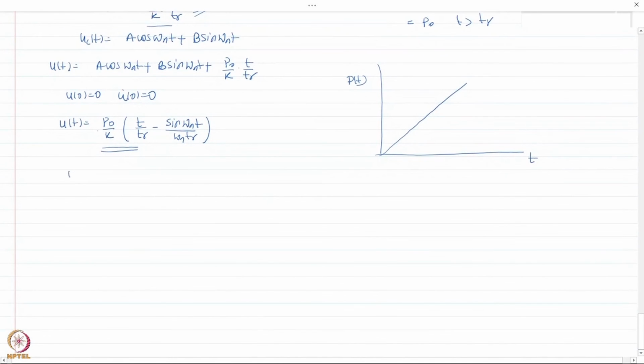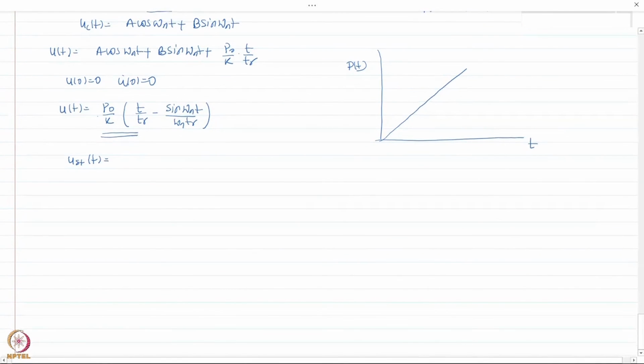Remember what we called u static of t: when you consider a zero effect of mass in the system, you substitute mass equal to 0, and whatever the force, you basically get p(t) divided by k. That is your u static, and that is what is here.